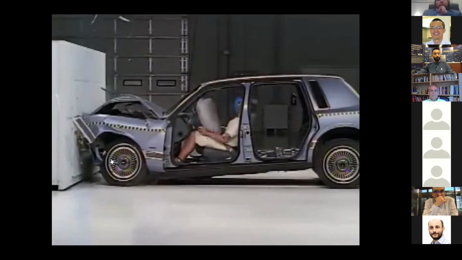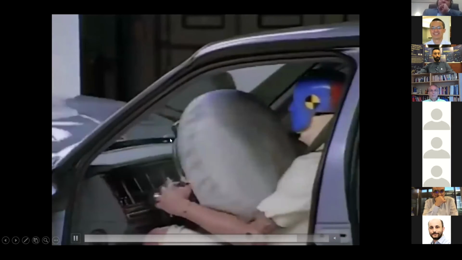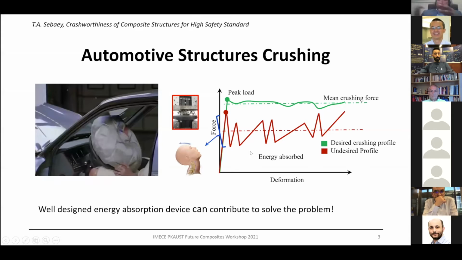Of course, the rest of the energy goes to the person inside. Having the seatbelt and the airbags is very important, but we still have a problem: any change in the force means a change in the acceleration, which means braking.